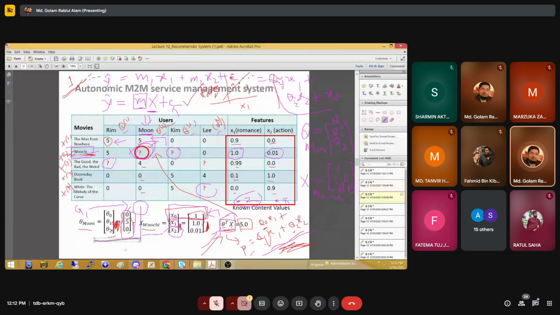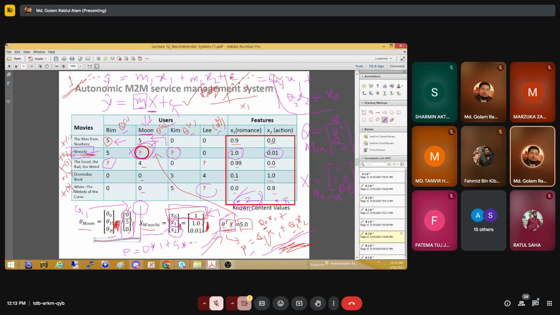In that case, we can see the prediction will be theta 0 which is 0, with x0. x0 you can say is 1, plus theta 1 which is 5, and x1, the feature value for x, is 0.2, plus theta 2 which is 0, times our x2 which is 0.8.